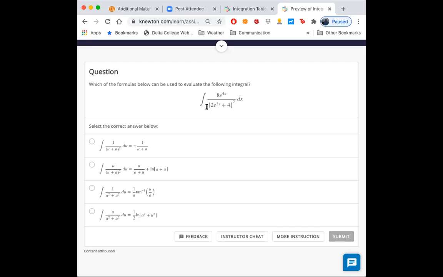Okay, so what do you want me to let u equal? E to the x. E to the x. Okay, I'm gonna screenshot that question just because then you just multiply by 4 and 2, maybe. You could just do u squared and then, or wait.